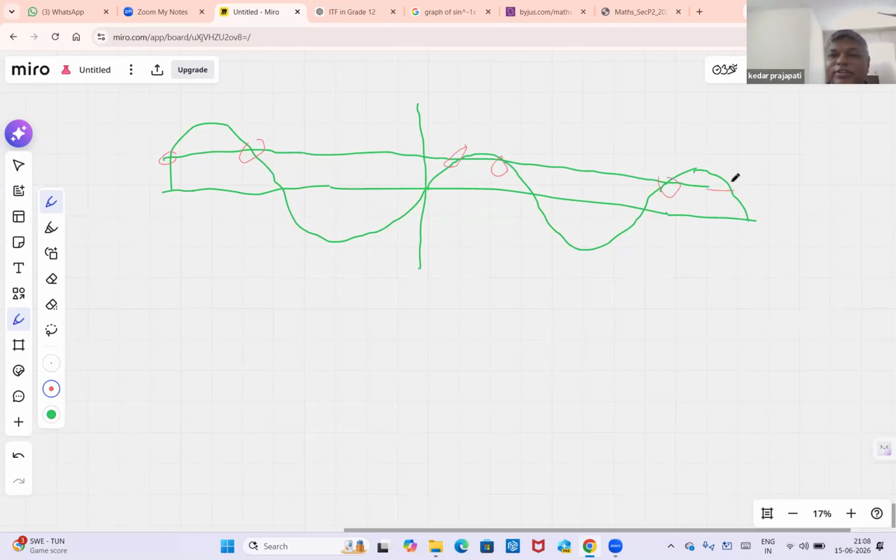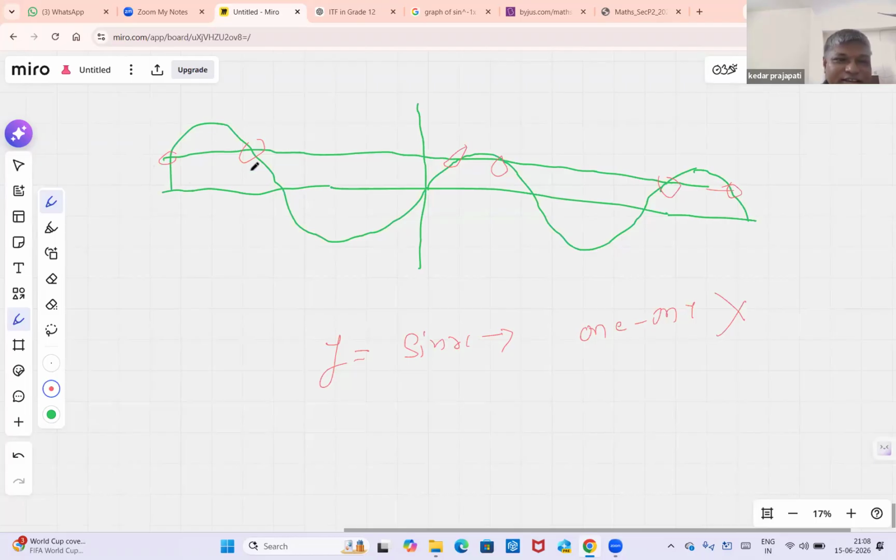It means this y equal to sine x graph is not a function because it is not 1, 1. It is many-one. Correct?